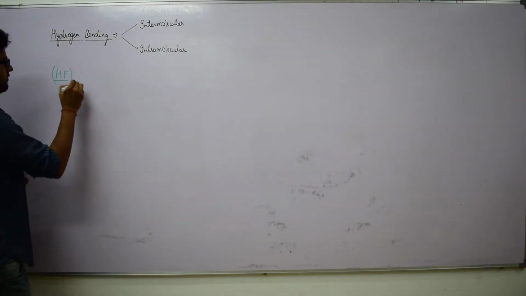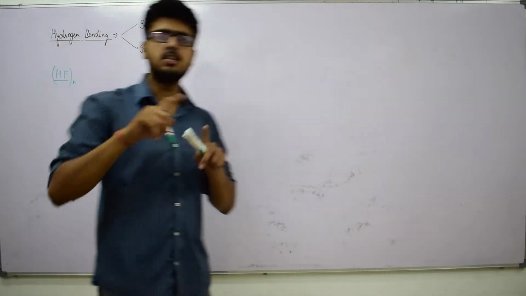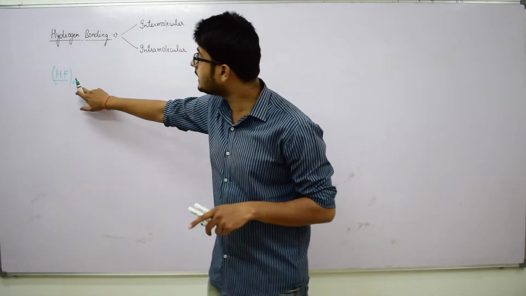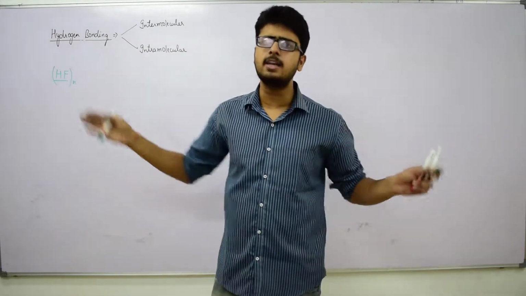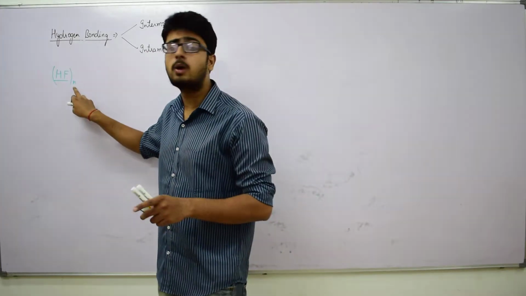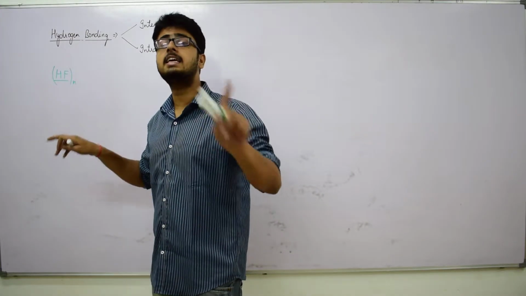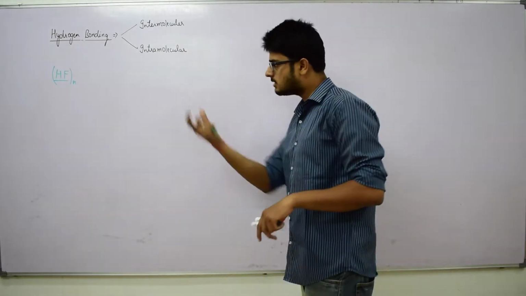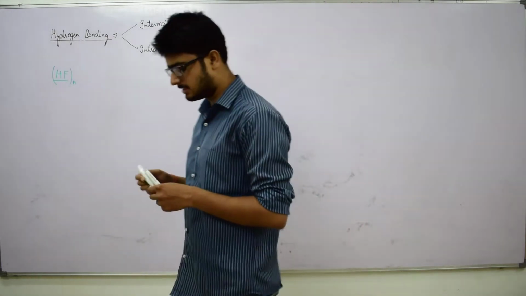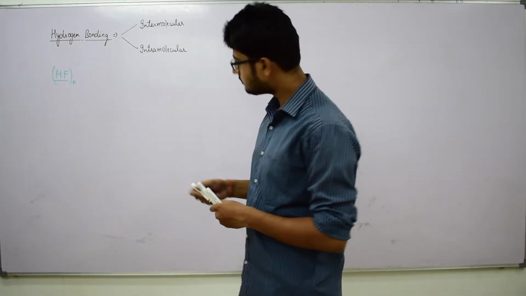So HF exists in the form of (HF)n, where n can be any positive integer like 1, 2, 3, 4. There is no fixed value of n in the case of HF. Let us discuss how HF will be formed.